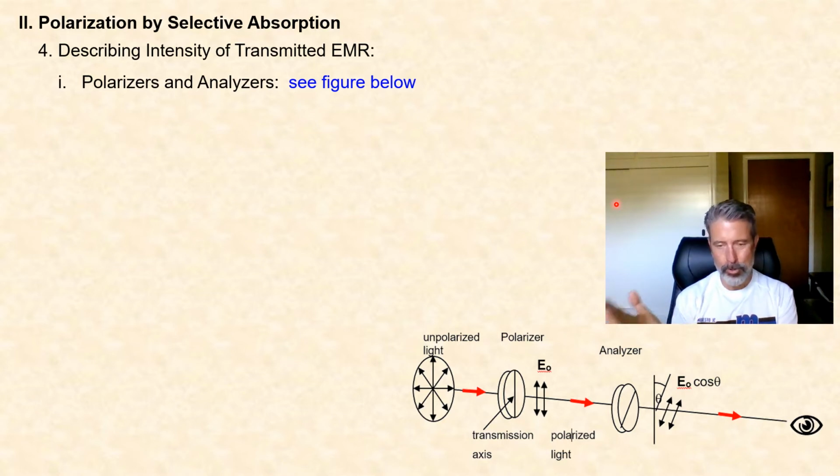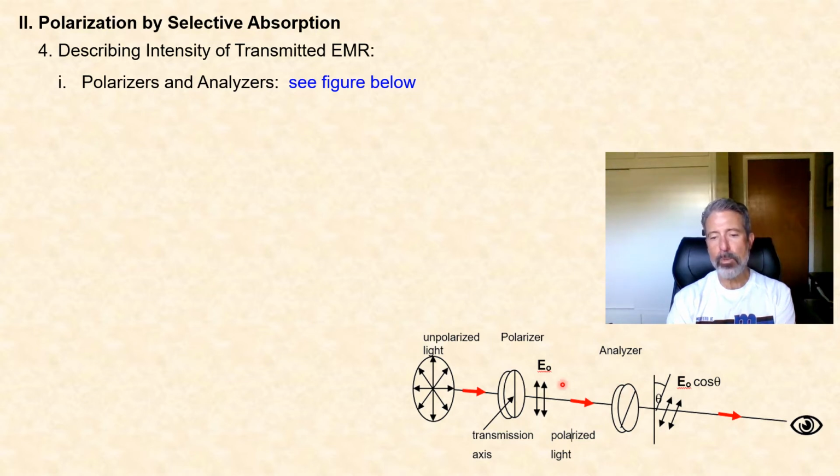So it's really a polarizer and analyzer. It is virtually the same piece of equipment. It's just a question of which piece of film the unpolarized light falls on and which piece of film the polarized light falls on. And as we were saying in the previous slide, when unpolarized light travels through the polarizer, basically only the components of the electric field in line with the transmission axis get transmitted.